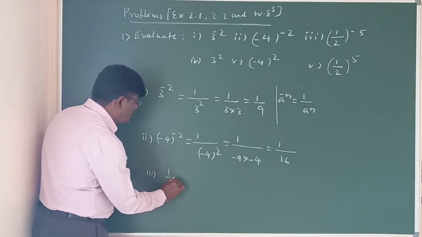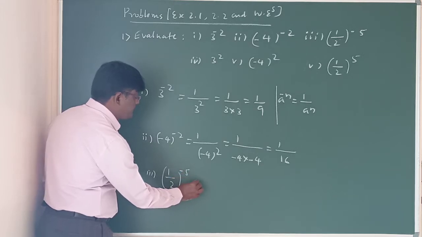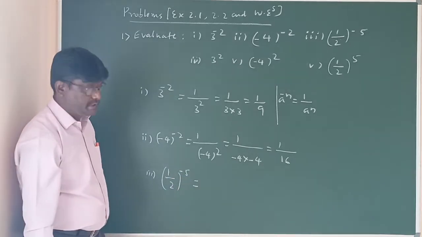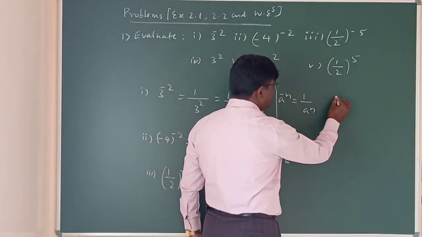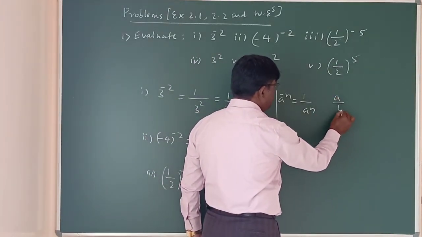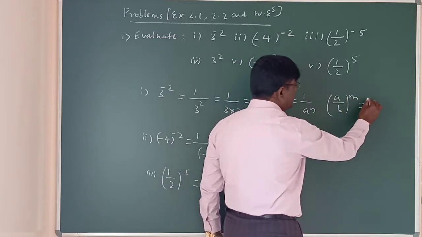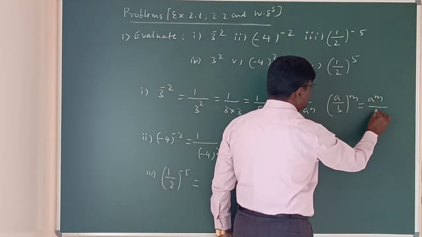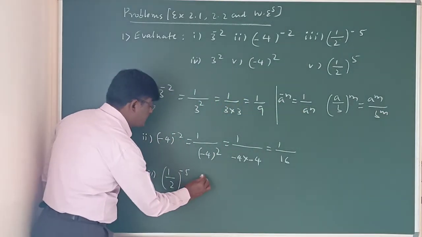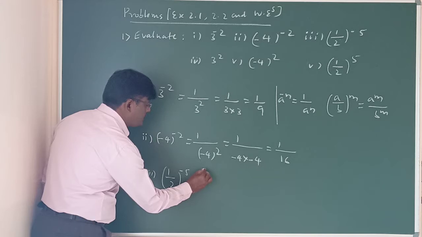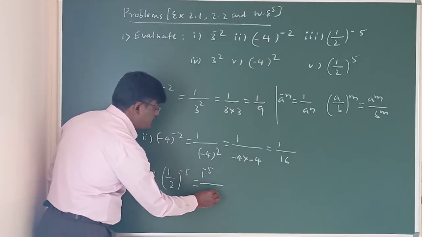1 by 2 whole power minus 5. Now first, you see a by b whole power m. We know the rule a power m by b power m. So therefore here first we shall write this as 1 power minus 5 divided by 2 power minus 5.